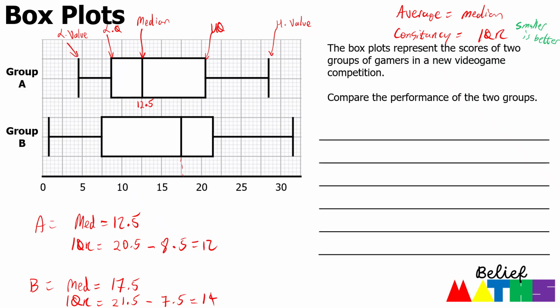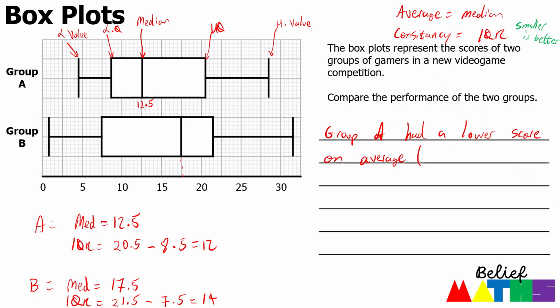And now we can use a structure similar to this. We can say group A. So if we look at the average, the medians, it was lower. So group A had a lower score. Again, the context of the question is scores, a lower score on average.